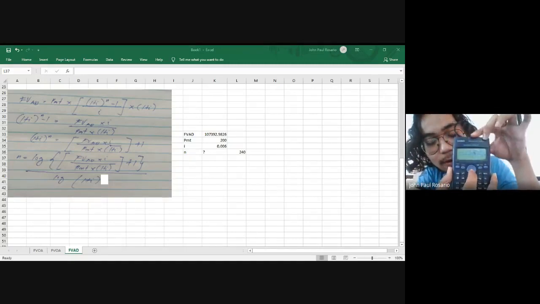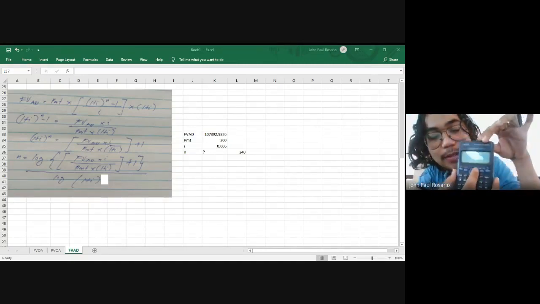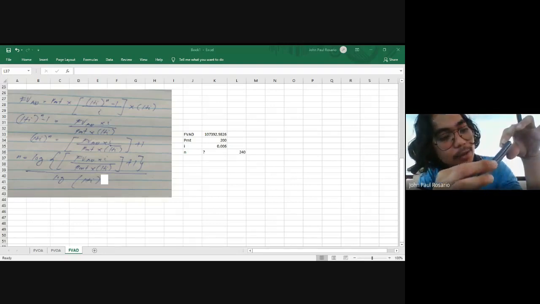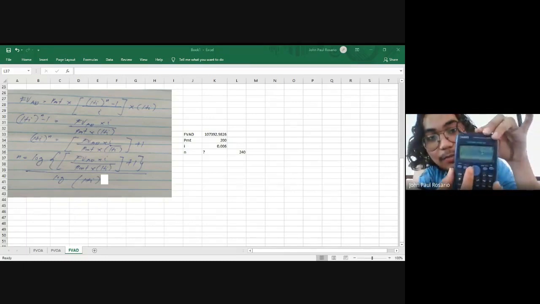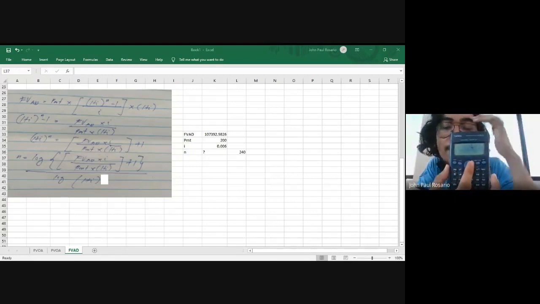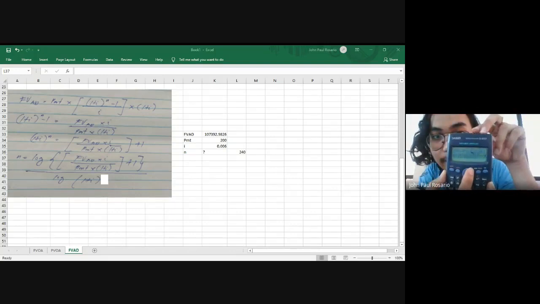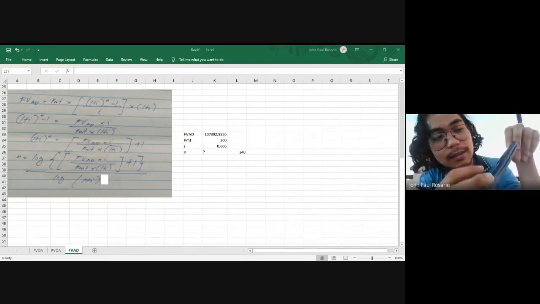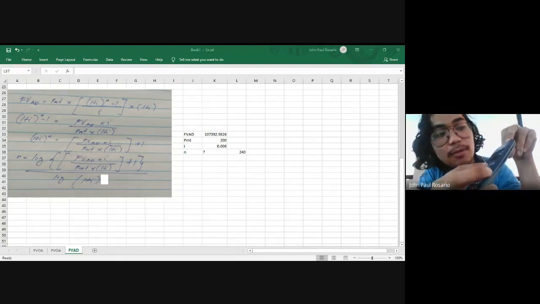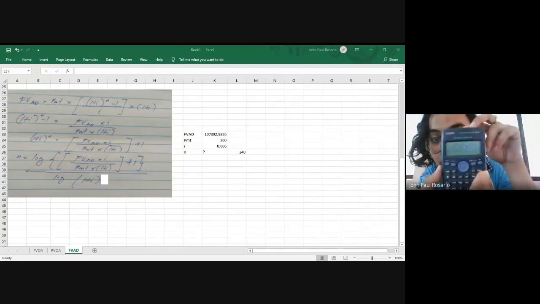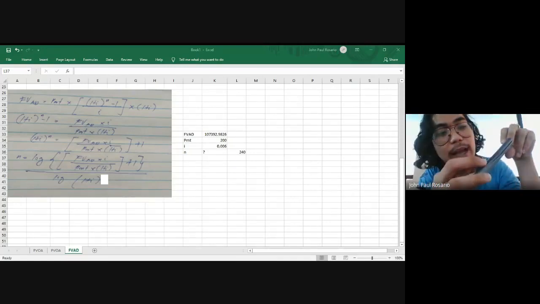So with that, log of our future value of 107,398, we multiply by 0.072 divided by 12, and then divide by the payment, 200 times 1 plus I. So 1 plus 0.072 divided by 12, plus 1.